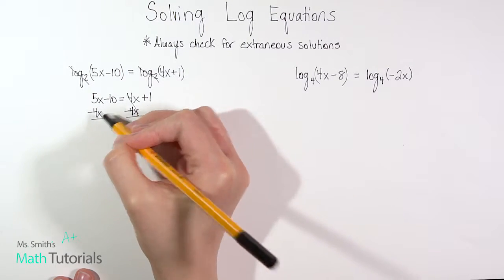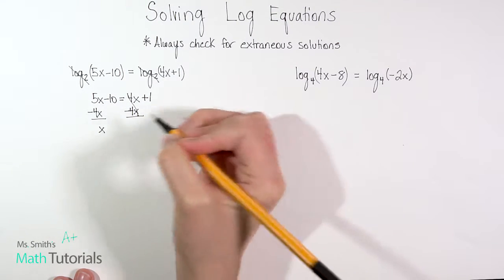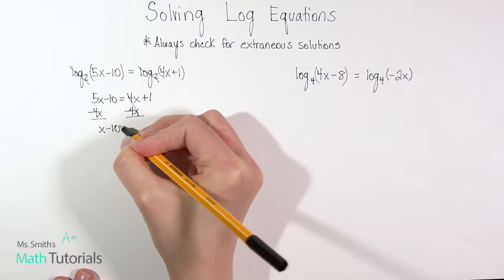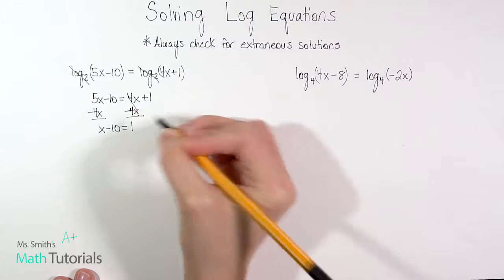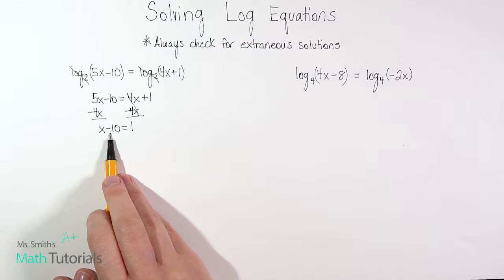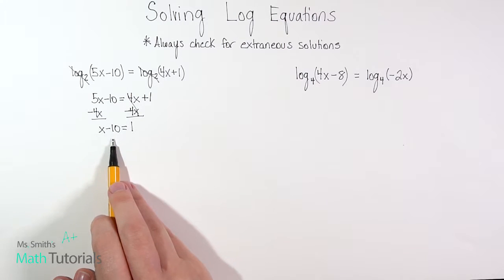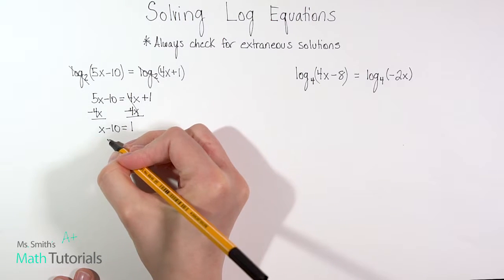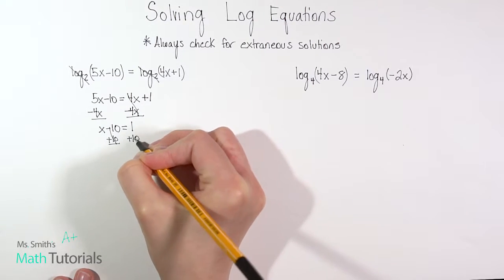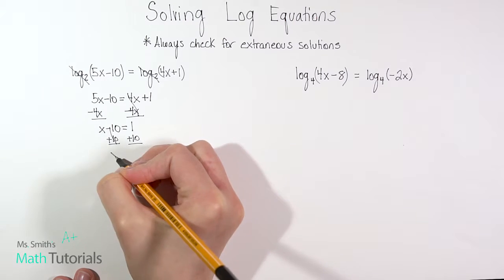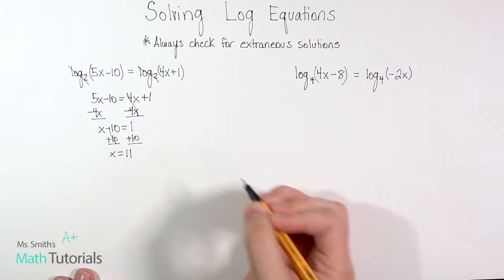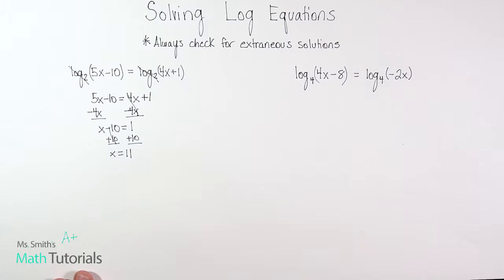So 5x minus 4x is just 1x, or we would just write that as x, minus 10 equals positive 1. So x is almost alone. I just have this minus 10 hanging out with it, so I need to do the inverse to get it to the other side. So I'm going to add 10, add 10. So I get x equals 1 plus 10 is 11. So I'm getting an answer of x equals 11.